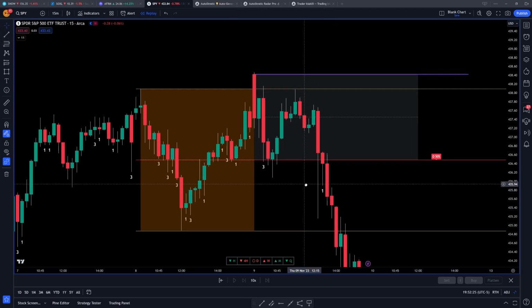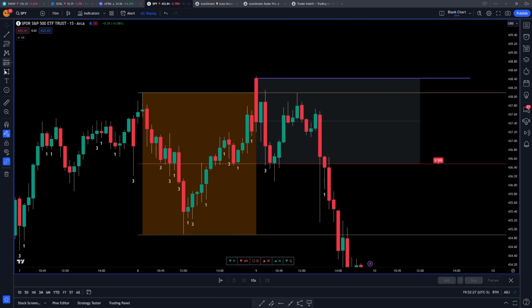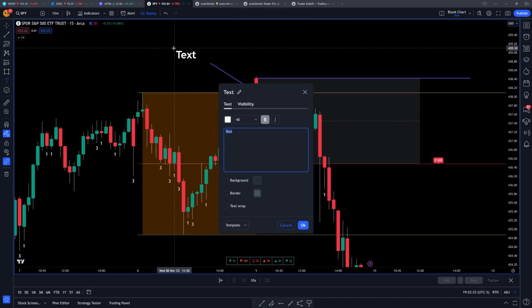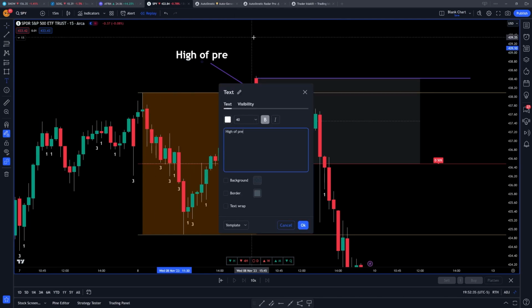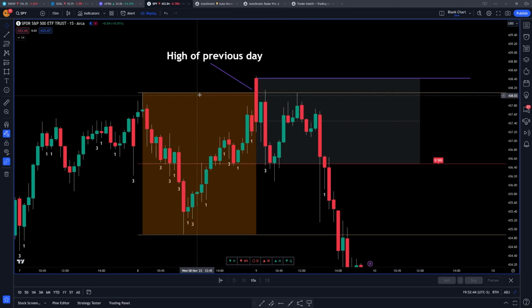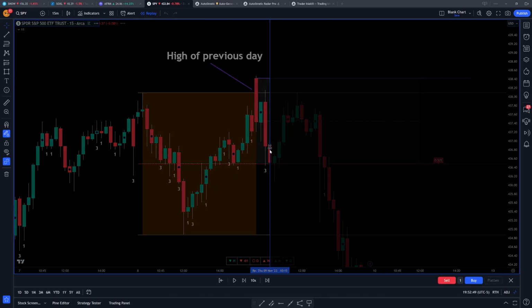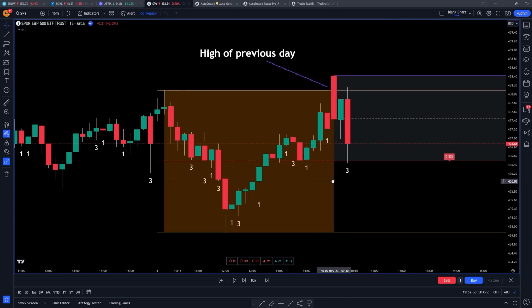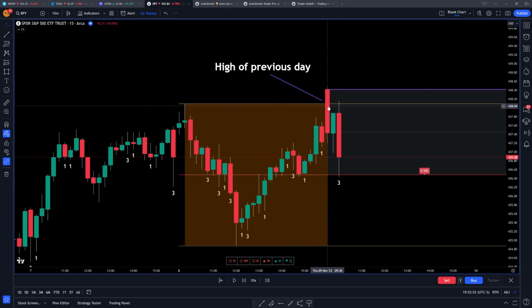So in today's trading session on SPY, we first hit the high of the previous day, right? SPY today hit the high of the previous day because we hit the first upside. And let me do this in real time. That may be better. When the market opened, we hit the high of the previous day.